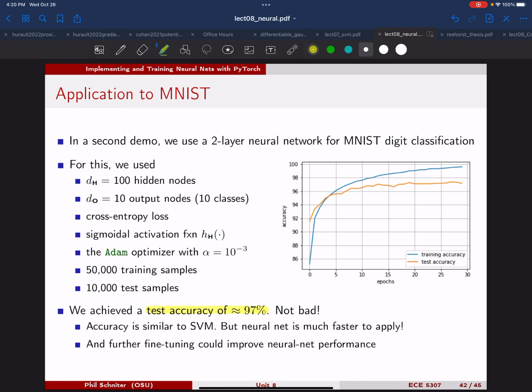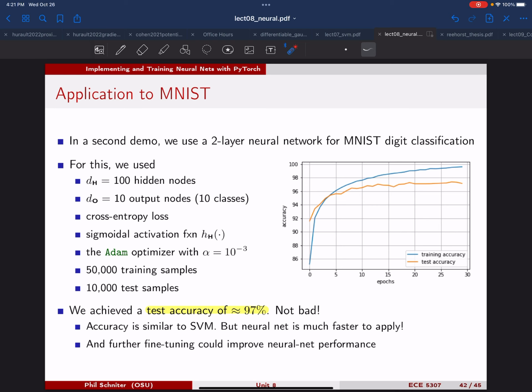The support vector machine with the radial basis function, I think, got 97.1. So this really simple neural network with 2 layers is basically doing about the same. We didn't use this many training samples for the support vector machine, so maybe in that sense it's not quite fair, but they're roughly equal in terms of performance.